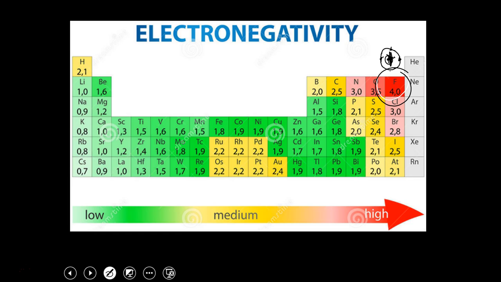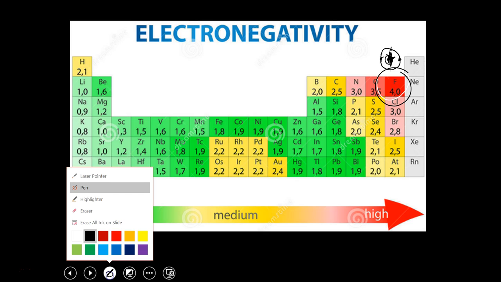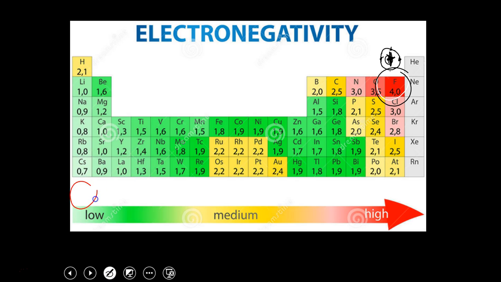Francium is the least electronegative. Where did francium go? I'm not seeing francium on mine. I think I'm missing some elements. So I believe, if I remember correctly, francium should be right down there.